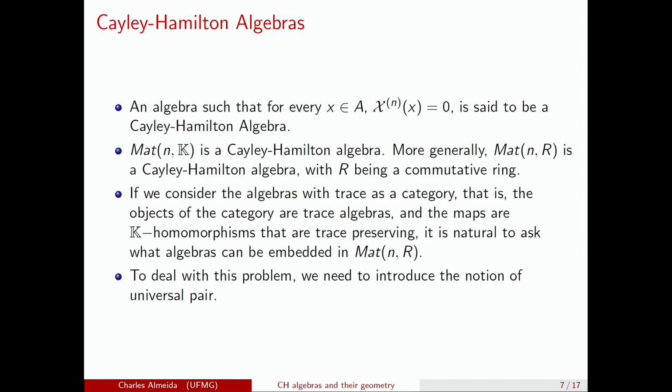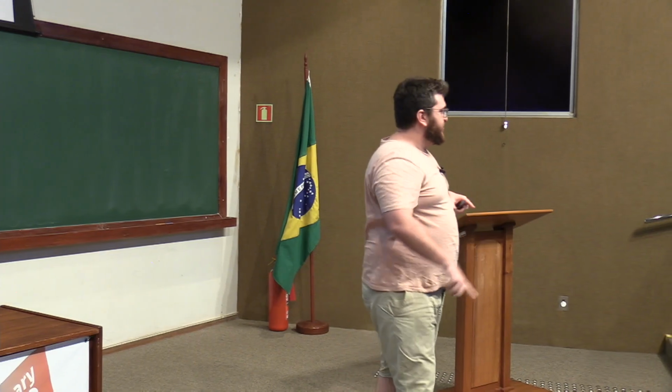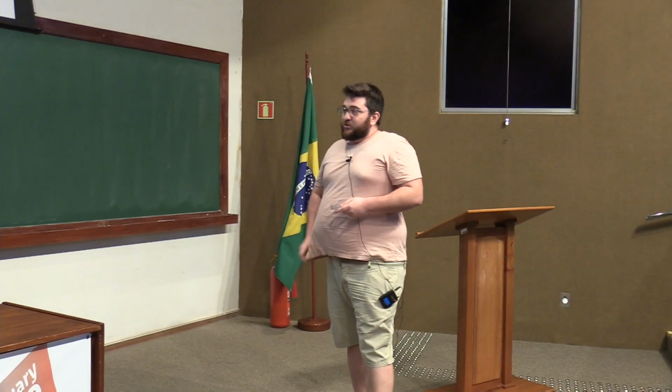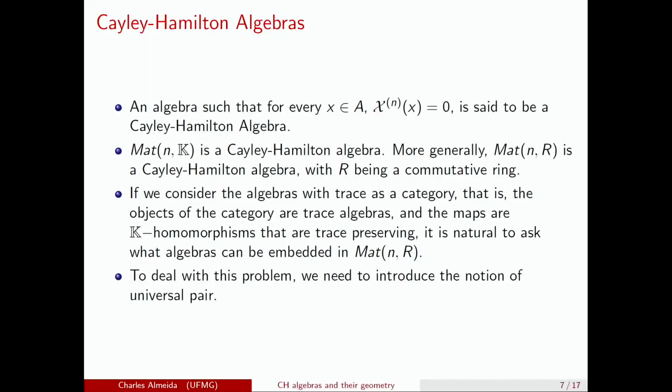And you should ask, why do you care about it? Well, we know how to work inside the algebra of matrices. So if we can work with this more general algebra inside its image in the embedding, it will be better. To deal with this problem, we need to introduce the notion of a universal pair.